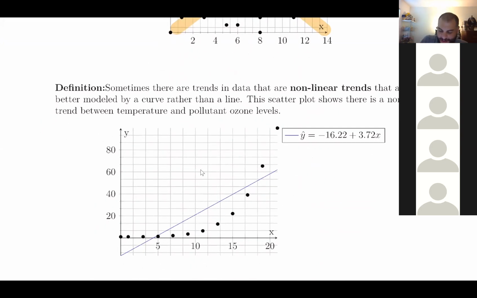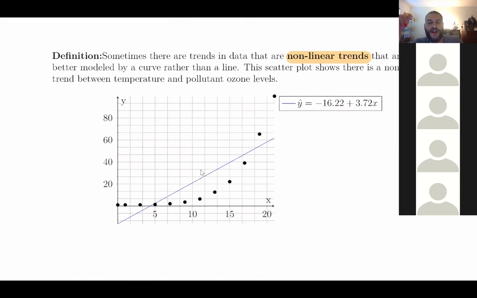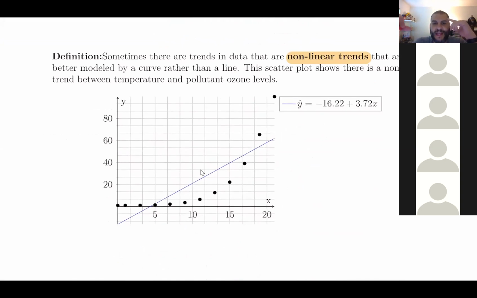And then we have non-linear trend. When we talk about non-linear trend, it just means that the scatter plot does not resemble a line. If you look at this graph I have here, here is the scatter plot, and then here is the line.